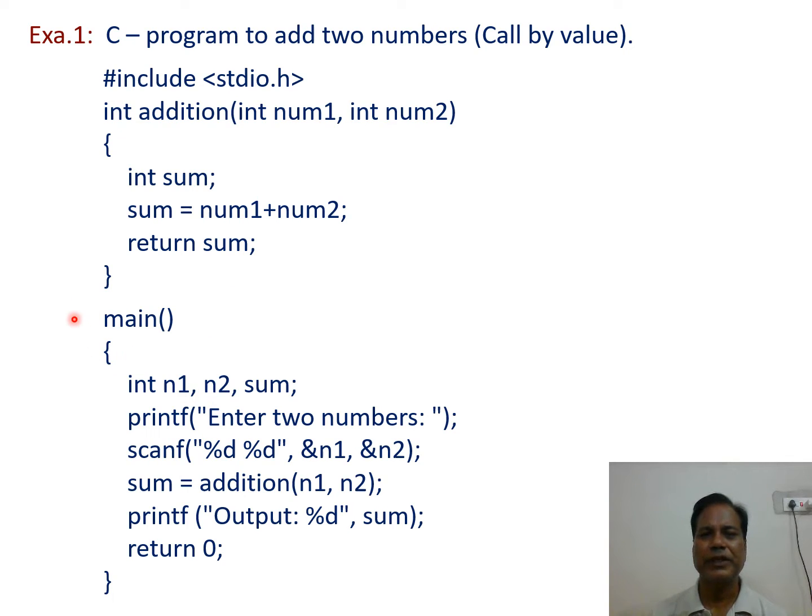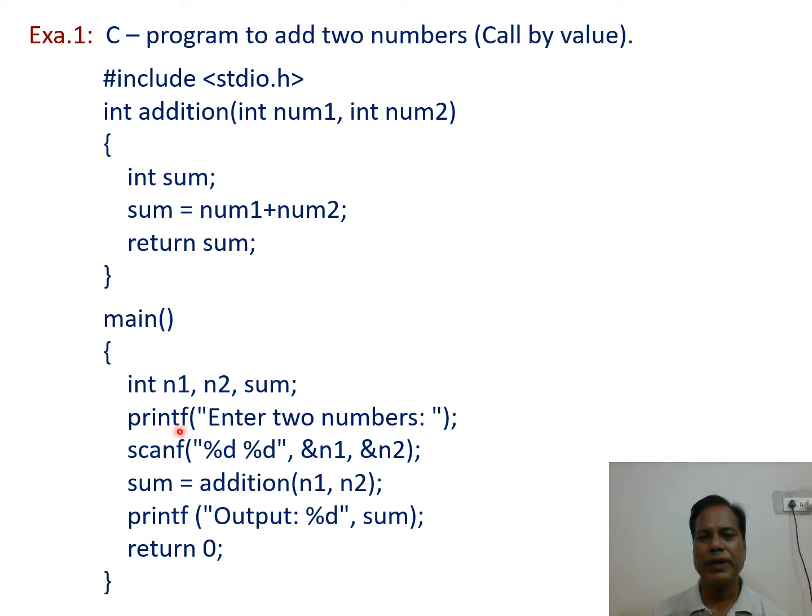The next function is the main function. Inside the body of the main function, the first statement is int n1, n2, sum;. Using this statement, three integer variables are declared: n1, n2 and sum.